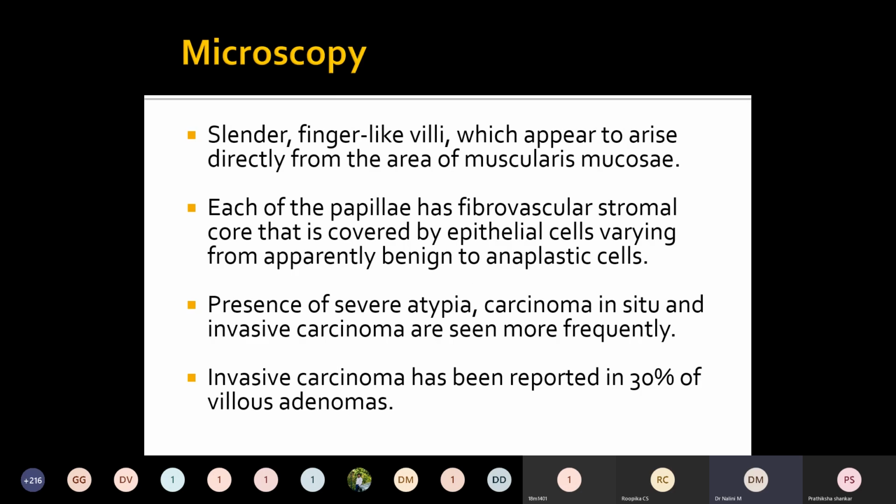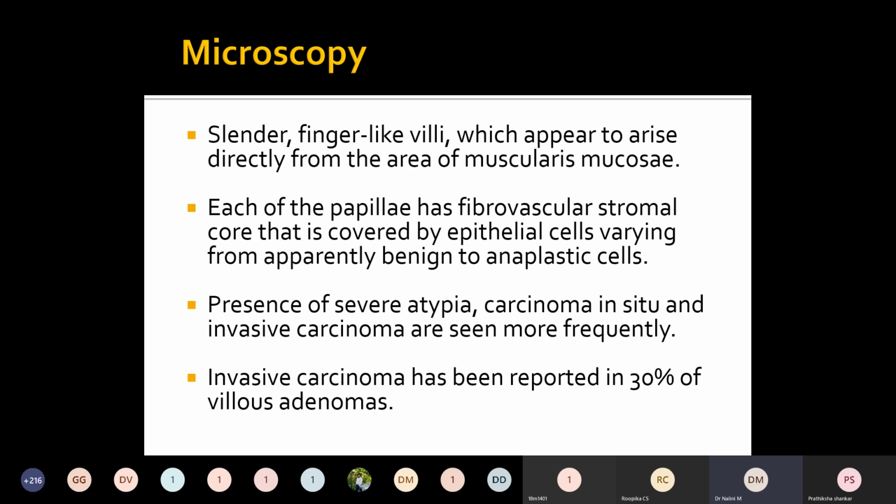But microscopically, what you notice is the tiny finger-like villi or slender villi. Okay, and these look like they're arising directly from the area of the muscularis mucosa. Each of these villi, they are true villi. They do have a fibrovascular stromal core, and they are covered by epithelial cells.